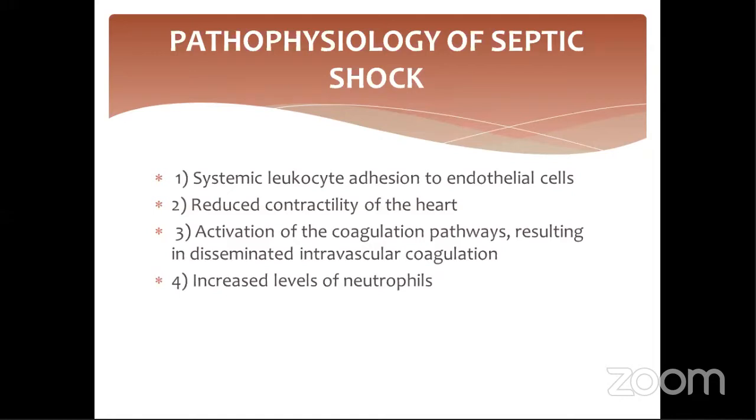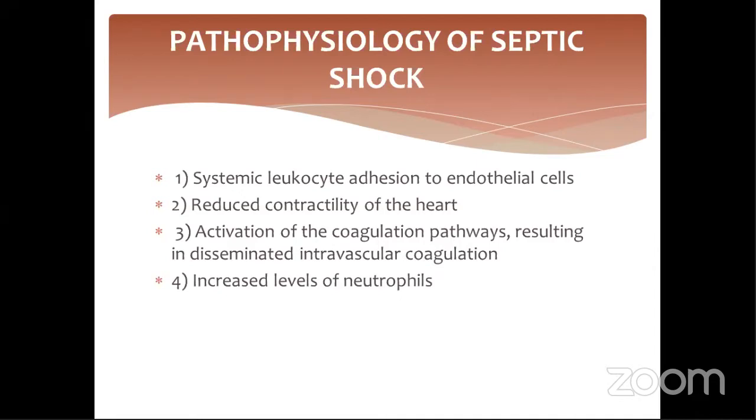Next, what is the pathophysiology of septic shock? Systemic leukocyte adhesion to endothelial cells, and it reduces the contractility of the heart. There is activation of the coagulation pathways, resulting in disseminated intravascular coagulation, and it increases the level of neutrophils.